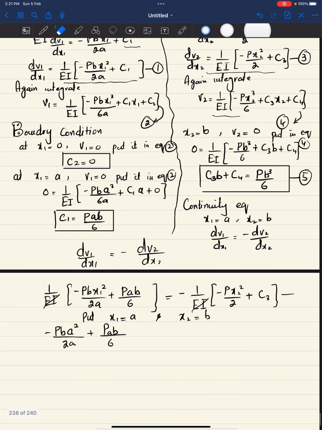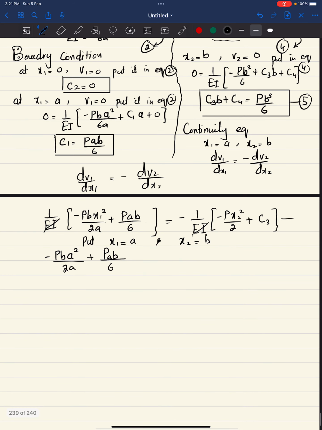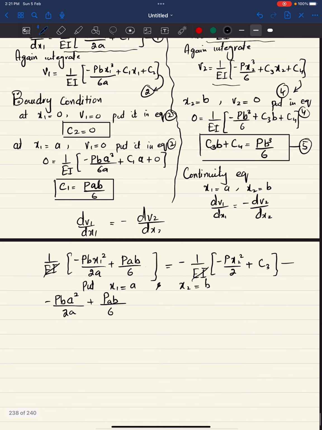Okay, so what we will do is that this will now be equal to Pab over 6 is equal to, minus and this minus will be plus. So plus P x2 is b, so b square over 2 minus C3.